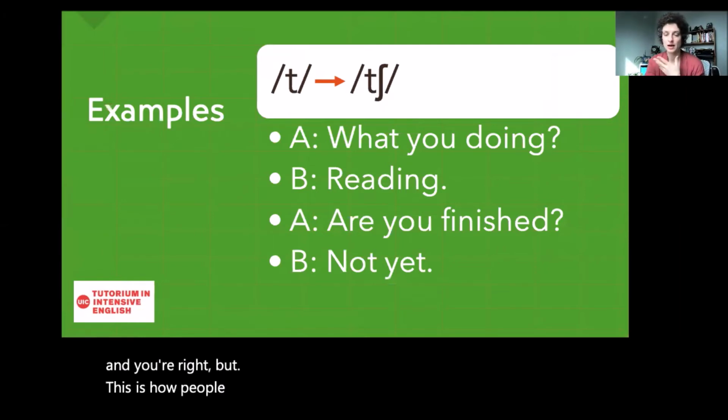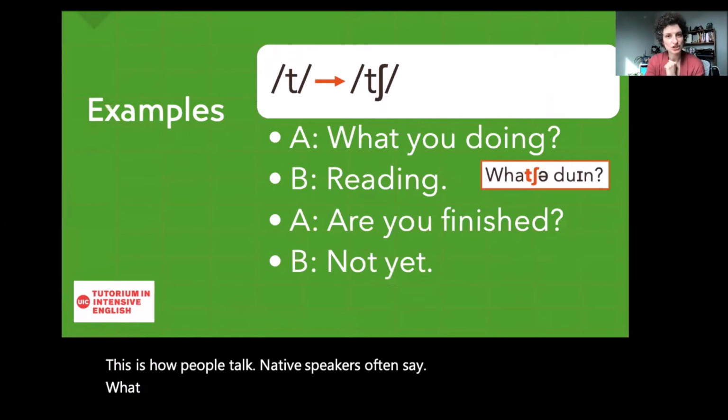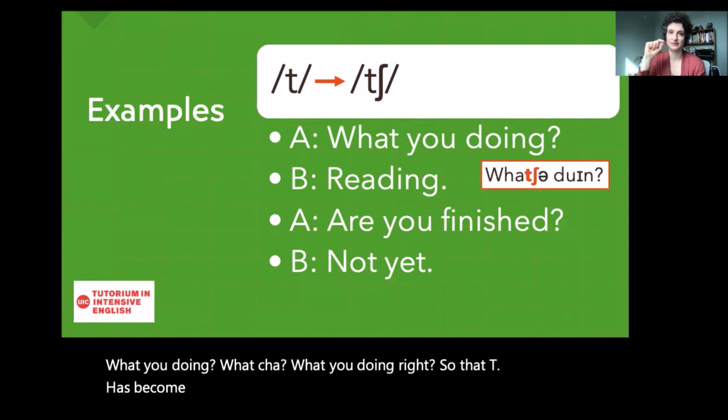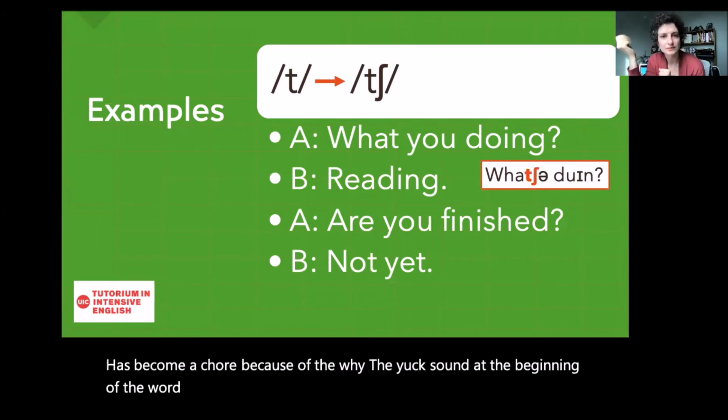Native speakers often say, what you doing? Whatcha? What you doing, right? So that T has become a ch because of the Y, the y sound at the beginning of the word you.